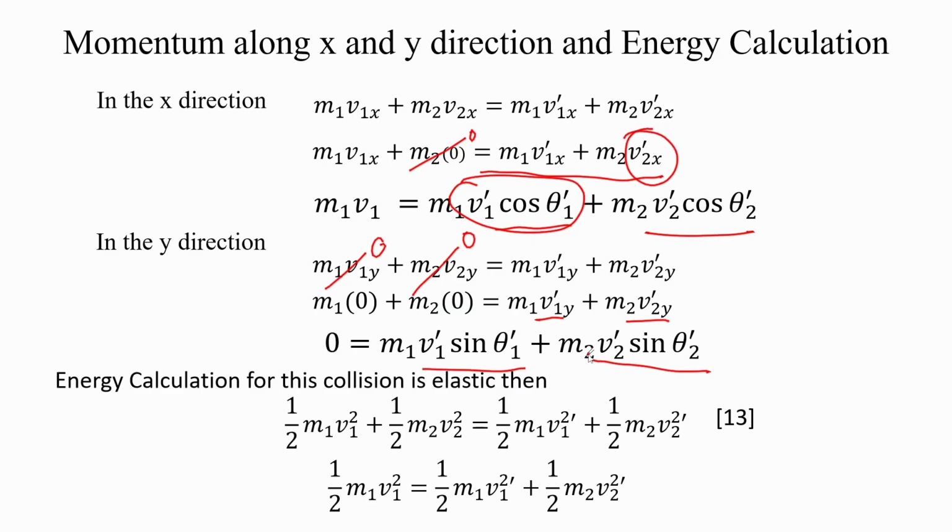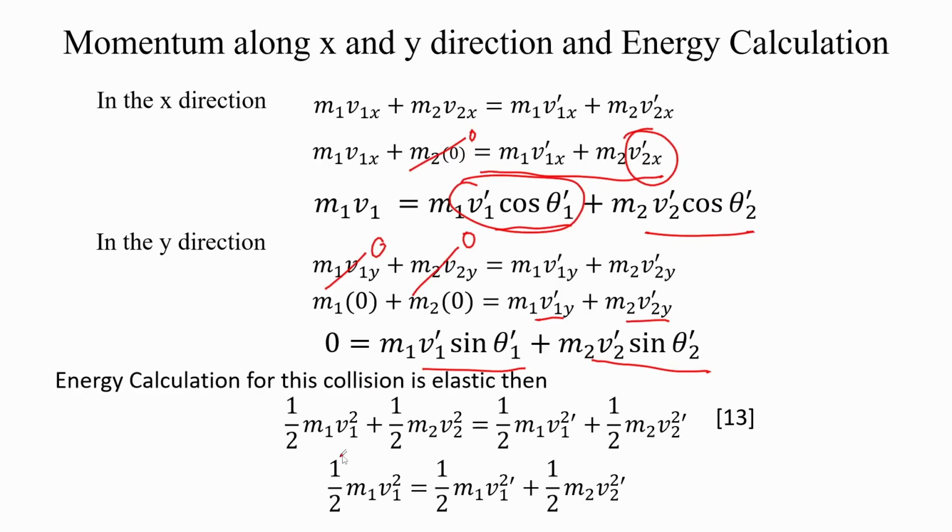This is a bit tricky, class. Conservation of momentum is the calculation, depending on the number of axes. Next is the energy calculation for the collision. So we just started with this one.